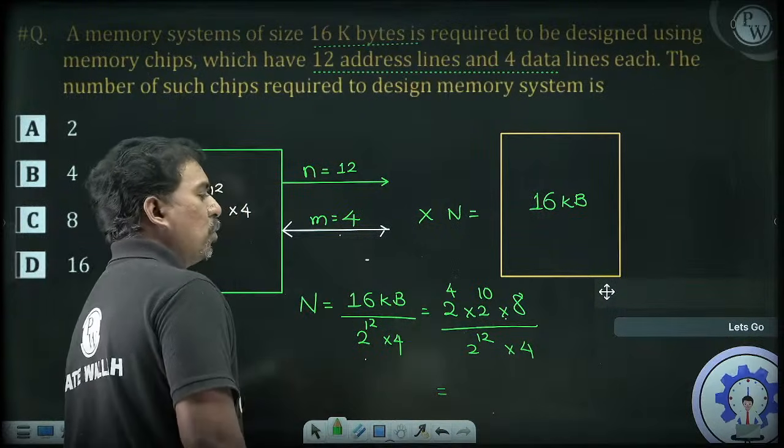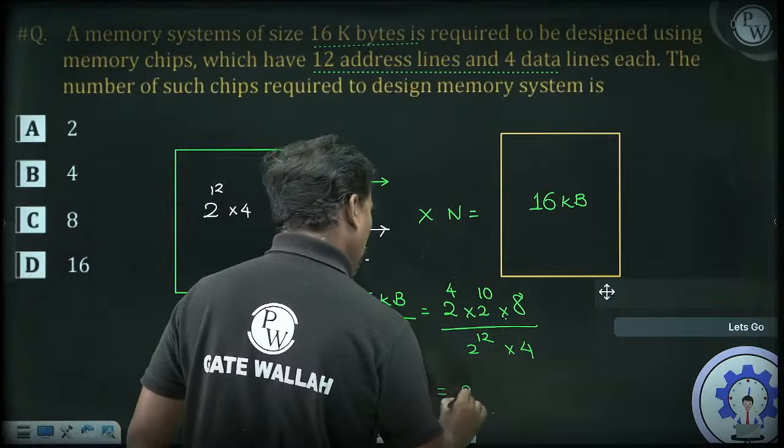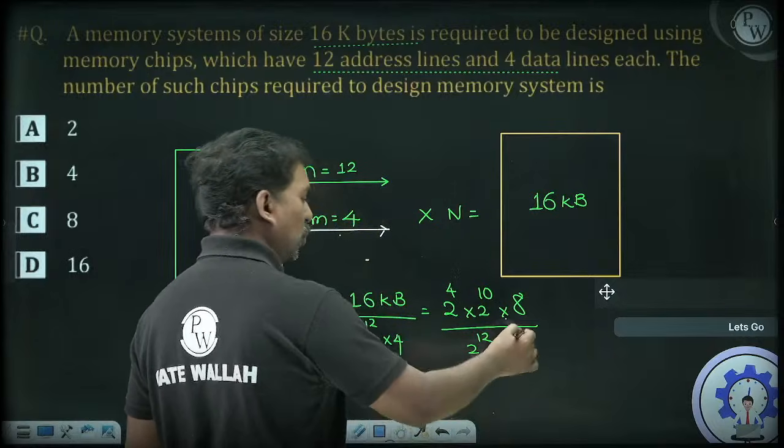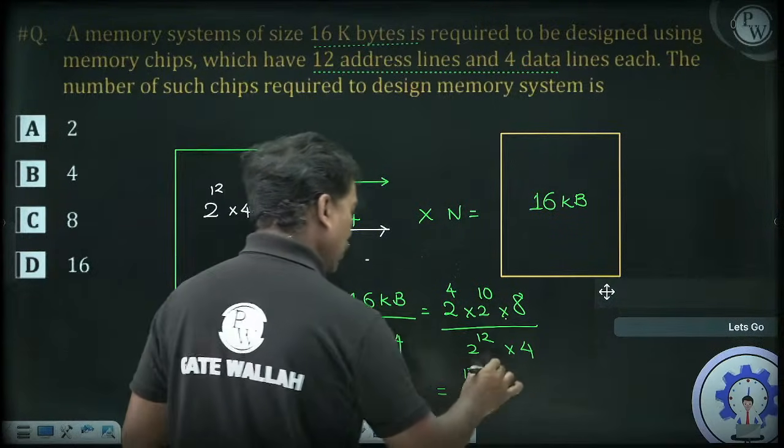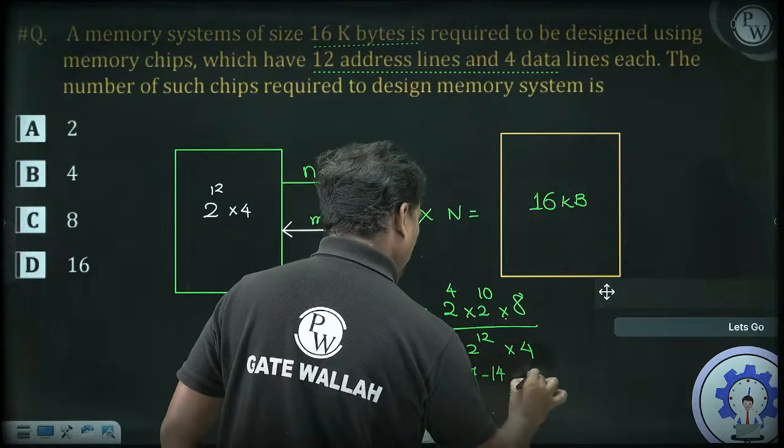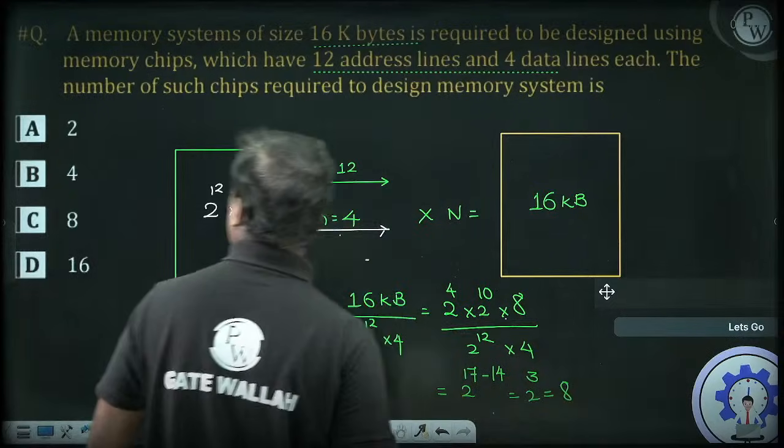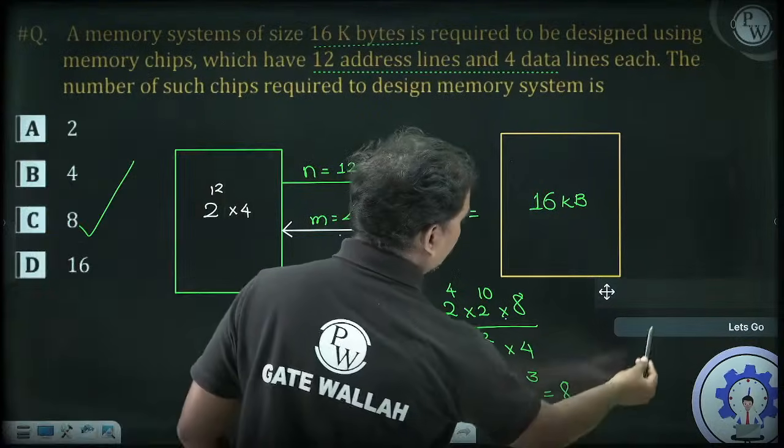So 4 plus 10 is 14, plus 3 is 2 power 17. Divided by 2 power 12 cross 4, which is 2 power 2, we get 2 power 14 minus 2... so 2 power 3, that becomes 8. So the right answer is option C.